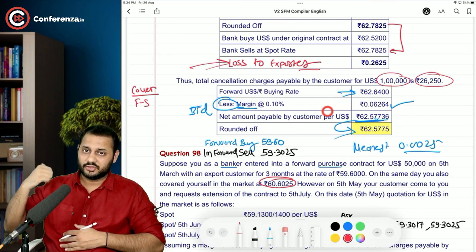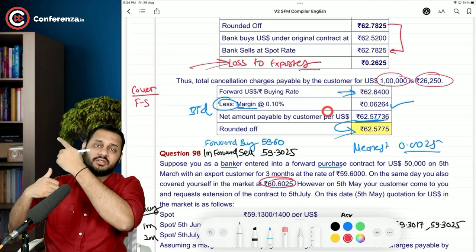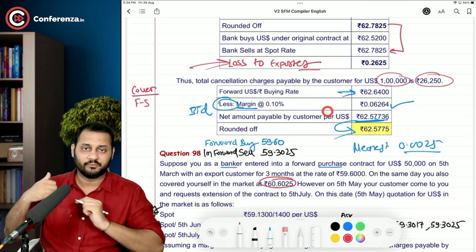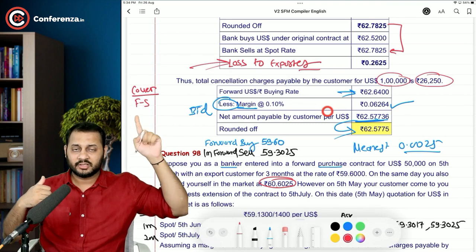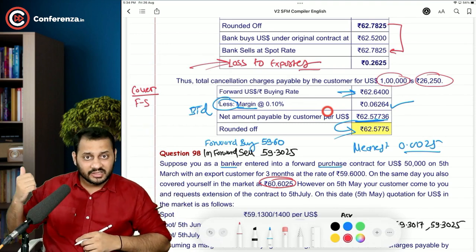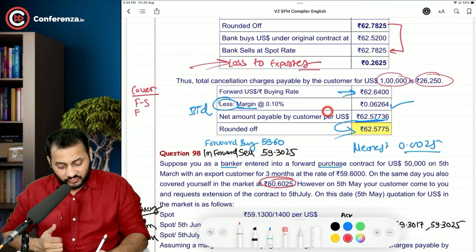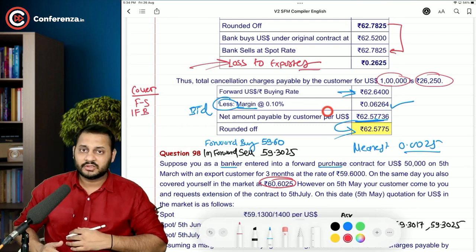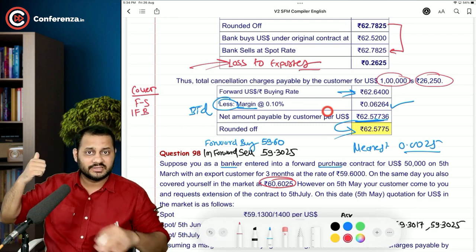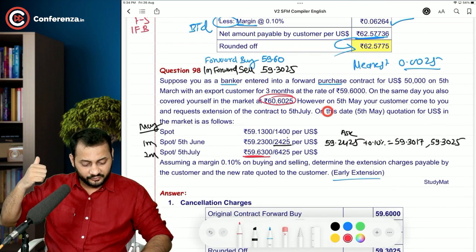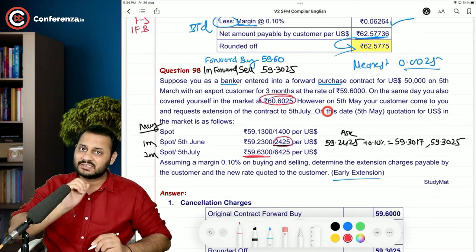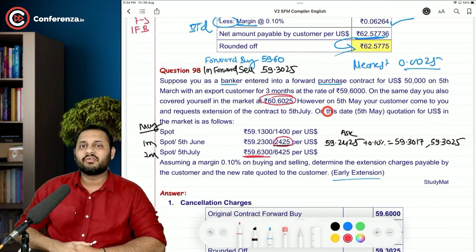Understand, because it is between the two banks. Whenever the things are between two banks, the rates have to be interpreted from the other bank's angle. Now we had a forward sell contract. In order to cancel it with the other bank as well, we will take a forward buy contract for 1 month. We will buy, the other bank will sell, the rate will be this much itself. So ultimately the same rate is going to be finalized.